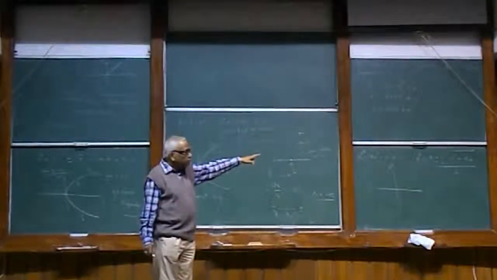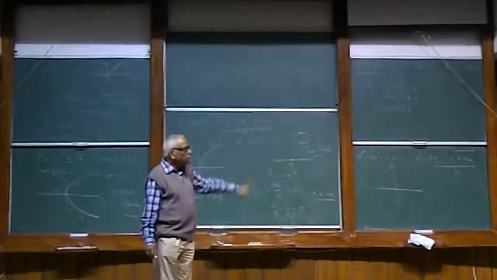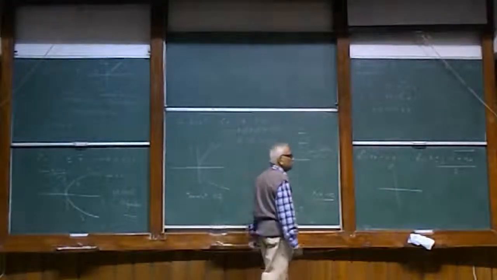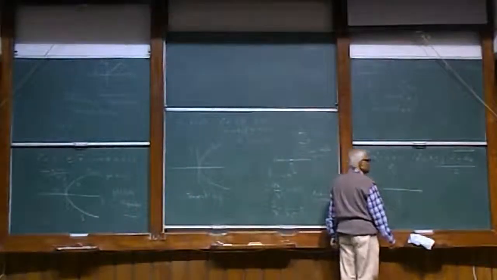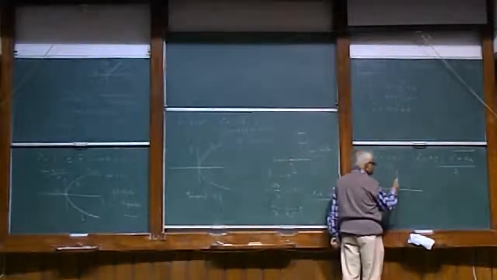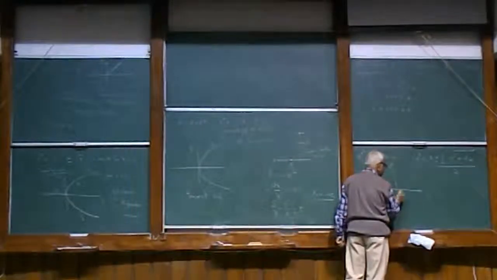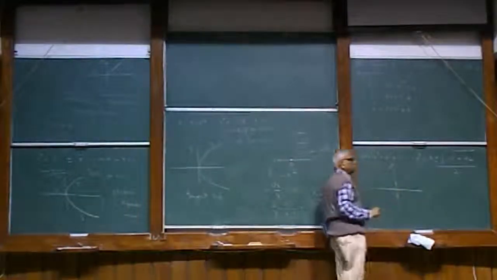Now if I set R equal to 0, x star is equal to plus minus square root of epsilon. So at R equal to 0, at this point over here, I have two options, x star is plus or minus square root of epsilon.